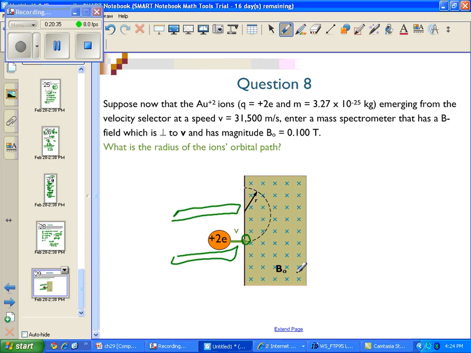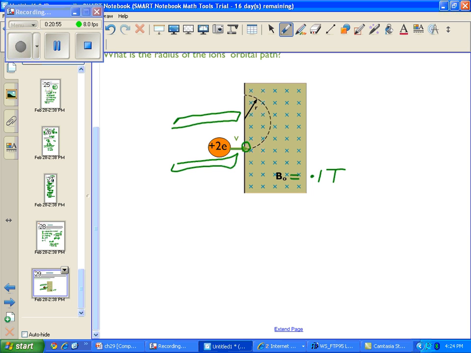Now we only have a magnetic field, and this one has a different value than the one before, 0.1 tesla. It doesn't matter to us because the B we used in the last slide was only useful for letting us calculate the electric field. This time the question is, what is the radius of the orbital path?